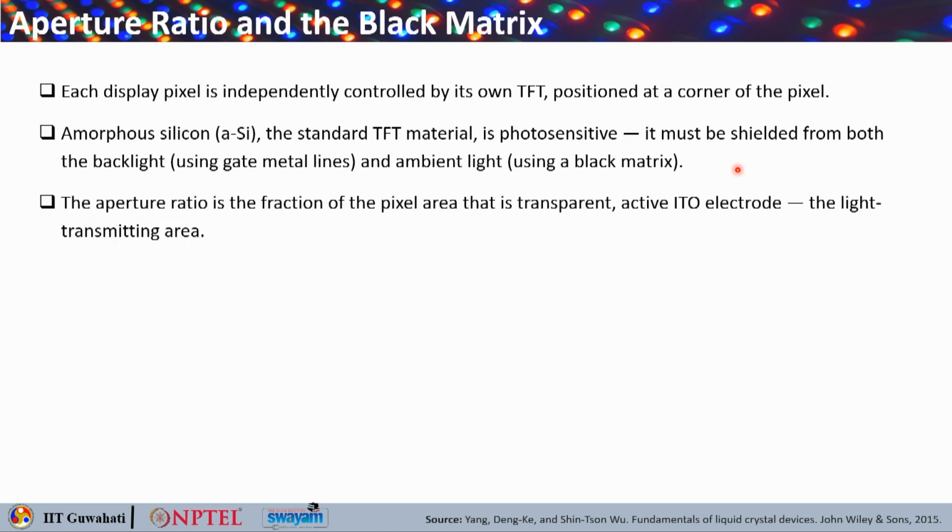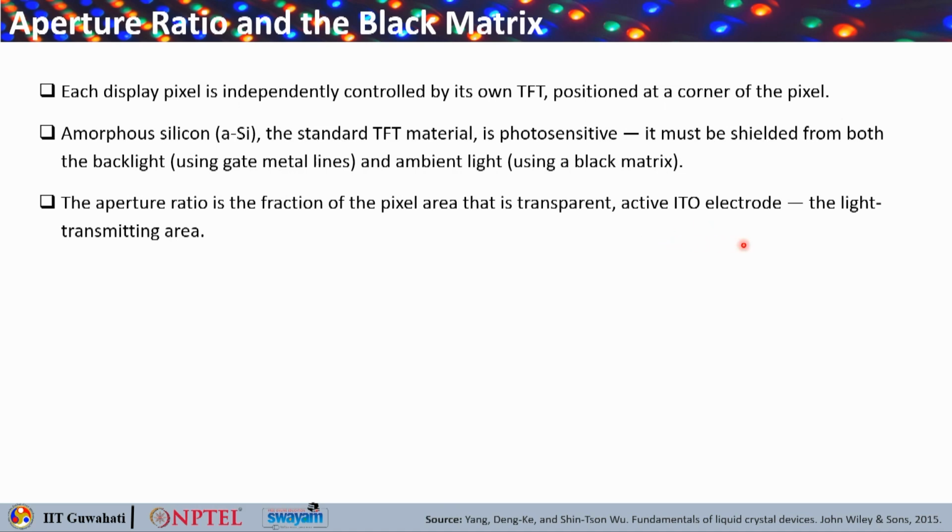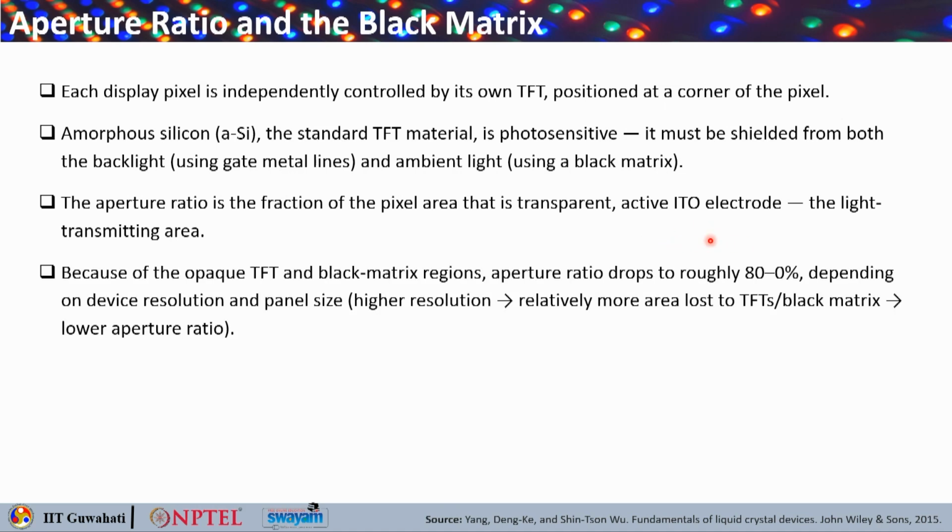Now the aperture ratio is the fraction of the pixel area that is transparent. That's the active ITO electrode, which you can see here. These are the active ITO electrodes, and on the corner you have the alpha silicon TFTs. So this active ITO electrode area is the light transmitting area.